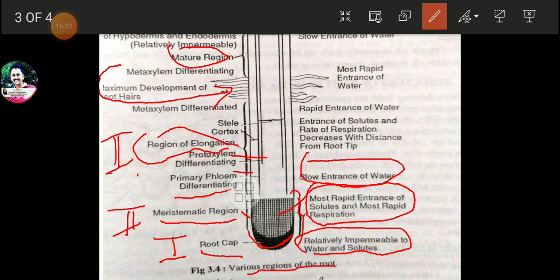Here, in the cortex portion at the region of elongation, entrance of solutes and rate of respiration decrease with distance from the root tip.